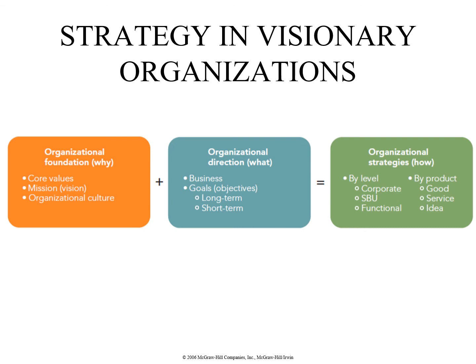Because you've really covered that in the direction, the what part, the business model, how to achieve goals and objectives, and what those goals and objectives are going to be, whether long-term goals or short-term goals. Once you have defined all of that, you will see yourselves having created the strategies for your organization. That is, how will the organization do it?